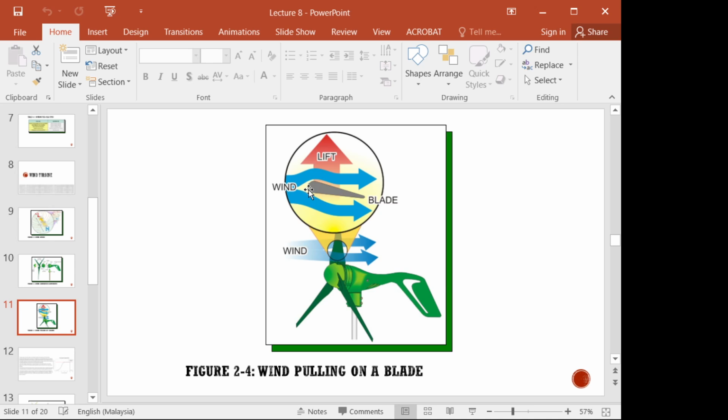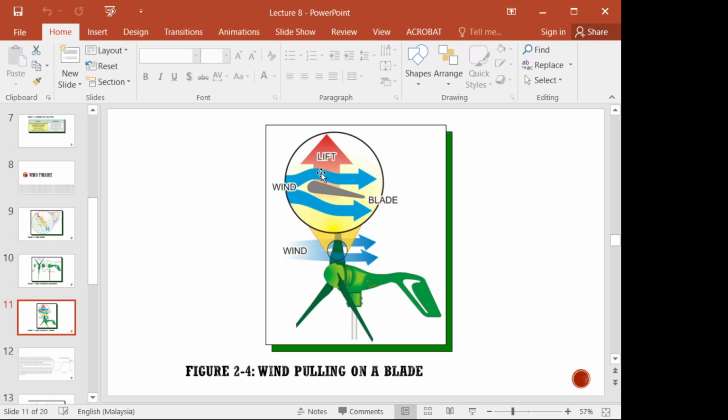Alright, let's see how the wind can start the wind turbine to spin. Okay, we can see the form of the blade is an aerodynamic shape.